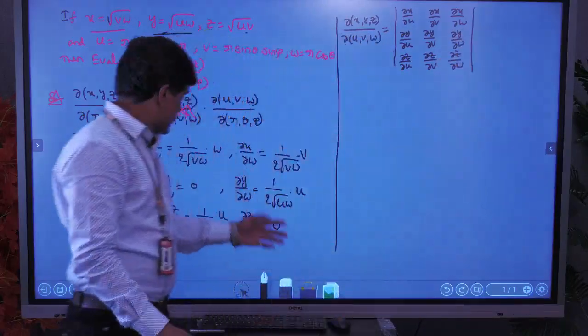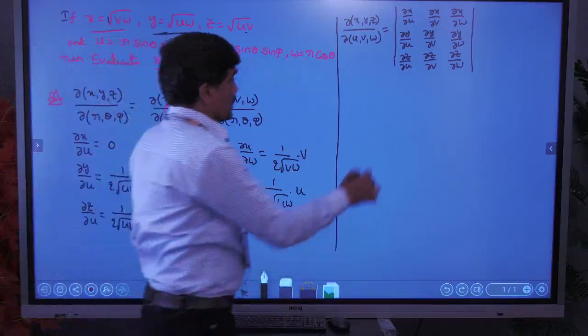Now substitute these values in the determinant.